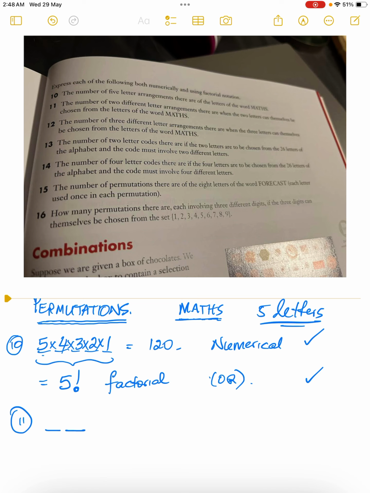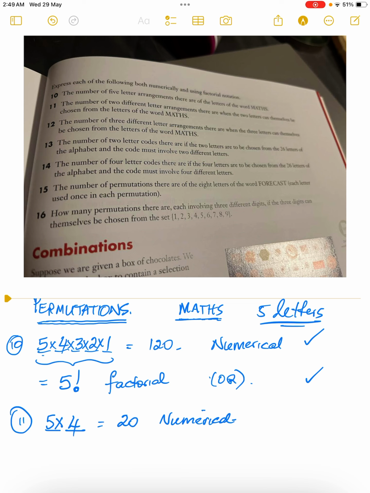Any one of the 5 letters can be used for the first position, and any one of the remaining 4 letters can be used for the second position, but we've run out. We can only use 2 letters. So there are 20 different 2-letter words using MATS, and that's the numerical.